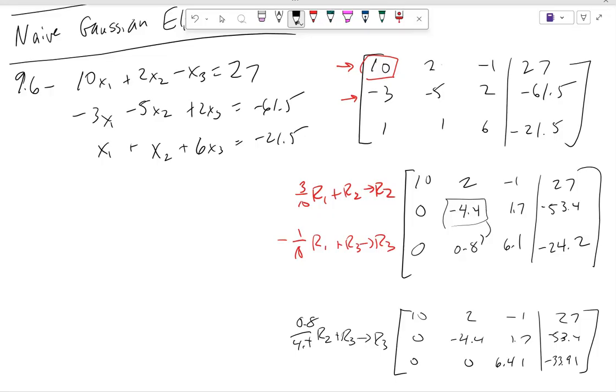In this case, if we think about going forward, column 1, I would need to loop through rows 2 and 3. Column 2, I would just need to go to row 3, right? As you're working down. So if you think about your loop structure, your outer loop would go from 1 to n minus 1, because I don't need to do the last column, right?